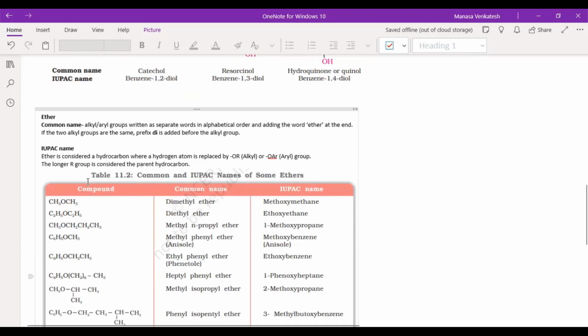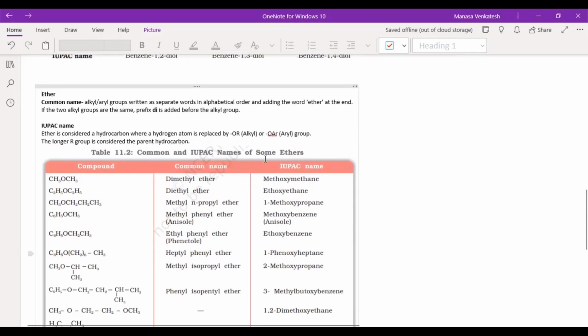Next is the IUPAC name. Now, the IUPAC name of ethers. First of all, you'll have two parts. The alkyl group which is smaller in length will come up as an alkoxy group, whereas the one which is longer will be considered the parent. So let's take the example of this one. Methyl and propyl ether, methane and propane.